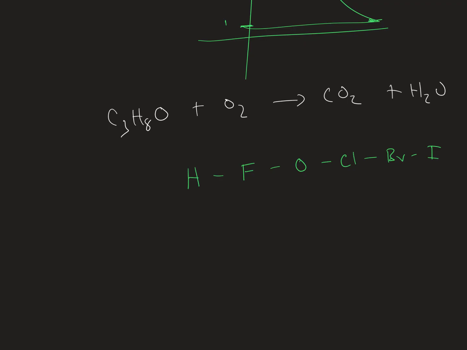If you look at the electronegativity values, they're 4, 3.5, 3, 2.8, and 2.5 or something like that. I could have them off just a little bit. That might help you remember what order it's in. You still have to remember what elements they are, okay?